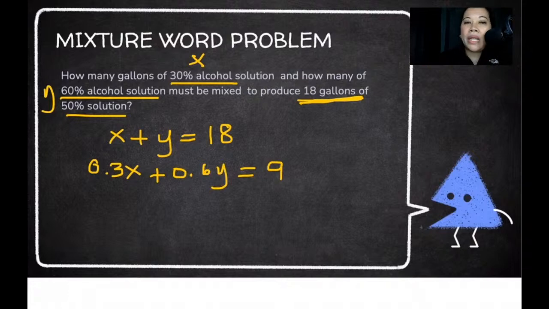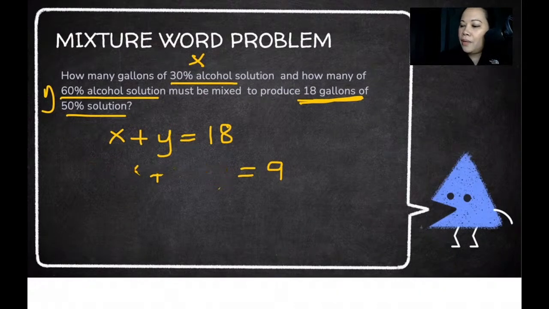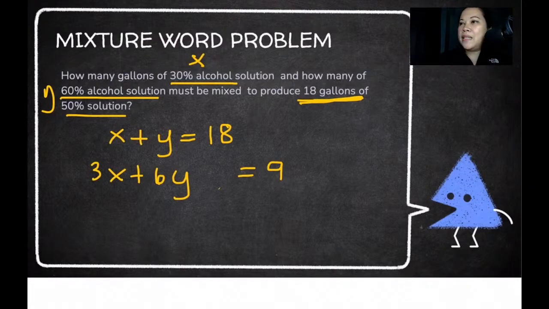So for you to be able to solve these equations easier, you can also multiply by 10 here. Okay, you have 3x plus 6y equals 9. That is fine. Then you can solve 3x plus 6y equals 9. You solve x, you solve y, and then you would know the solution of your gallons.